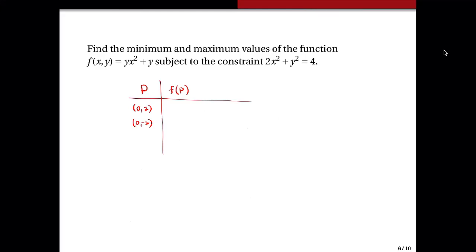We'll have 2 here, and negative 2 here. And then we have the points (1, square root of 2), (1, negative square root of 2), (negative 1, square root of 2), (negative 1, negative square root of 2).